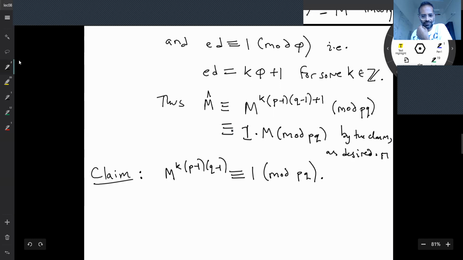So the only thing that needs to be shown now is this claim. I've isolated all the action in this claim, which looks like some kind of generalization of Fermat's little theorem. Okay, so let's prove this claim.